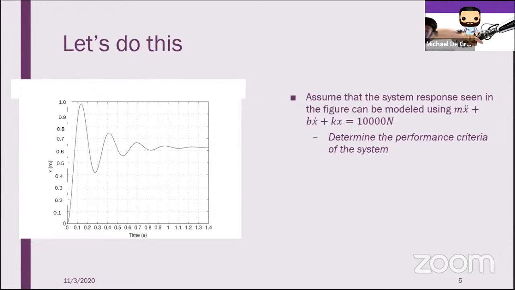So that being said, how would you be able to tell that you should be using a second order system to model this? There are two ways you can from this slide. That's the first one: it tells you to use a second order equation, literally right there.